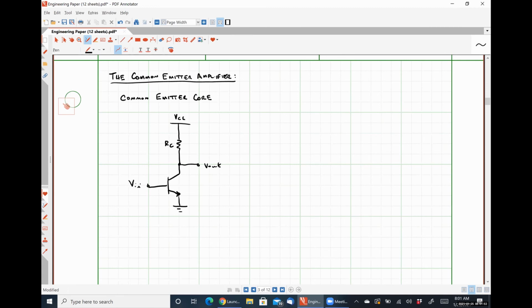And so we found last week that this particular circuit, without the early effect, we had R_in equal to r_pi, R_out equal to RC, and our voltage gain Av equal to negative gm RC.